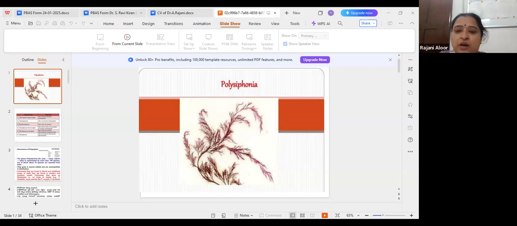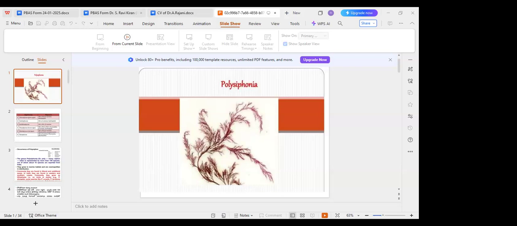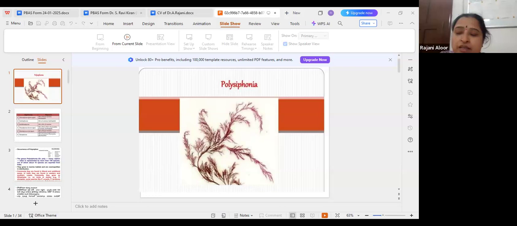And rhodophyceae has chlorophyll A, chlorophyll D, beta carotenes, phycoerythrin, and phycocyanin. Last one, myxophyceae or Cyanophyceae. What is the other name? 3 names are there for myxophyceae. Shalini, tell me, what is another name for the myxophyceae?